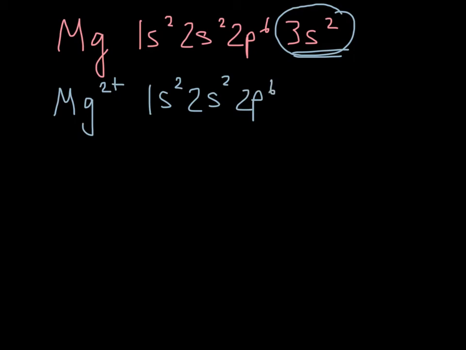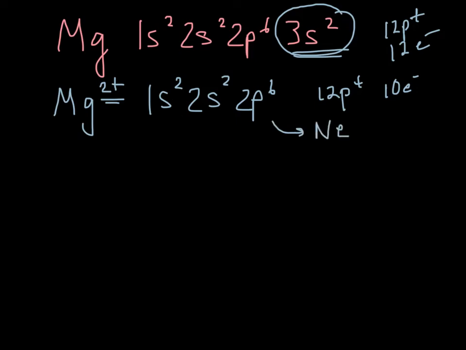Magnesium has 12 protons and 12 electrons. Magnesium ion still has 12 protons, but now it has 10 electrons. Since it has 2 more protons than electrons, it has a +2 charge. And it is isoelectronic again with neon.